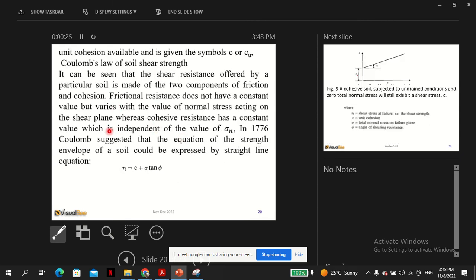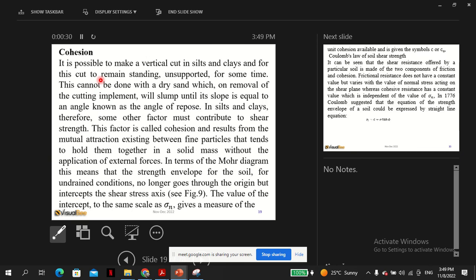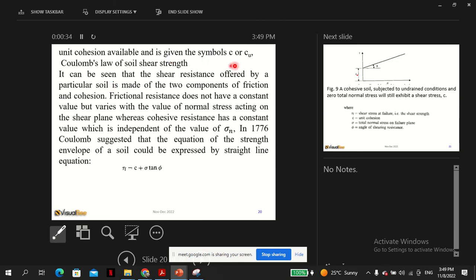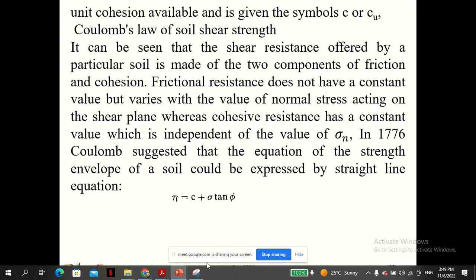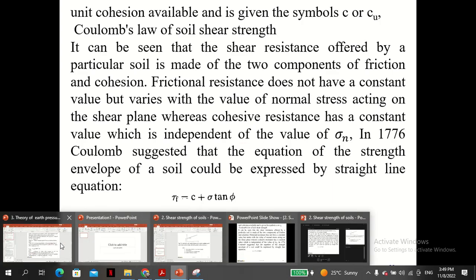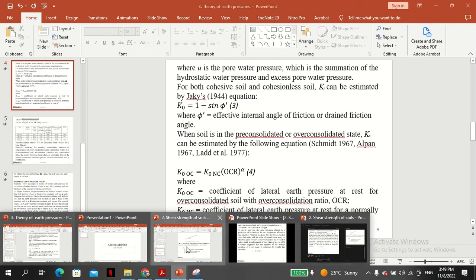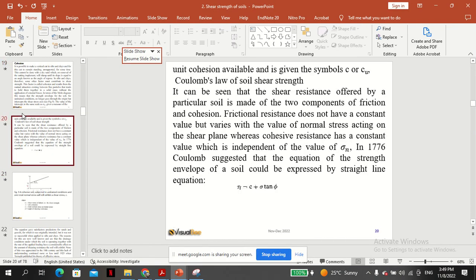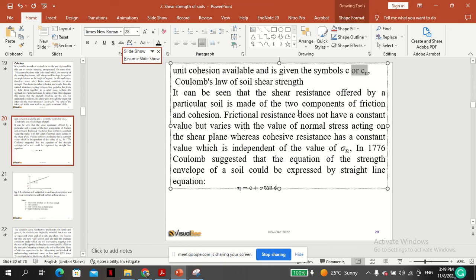So it gives a measure of the unit cohesion and is given the symbol C. Cu is in fact something else that we will talk about in later discussion. So let's just call it C.